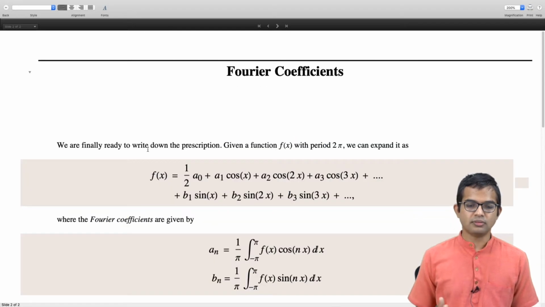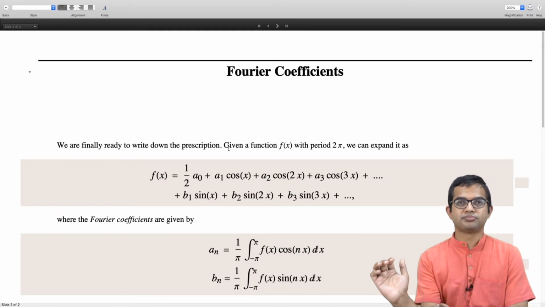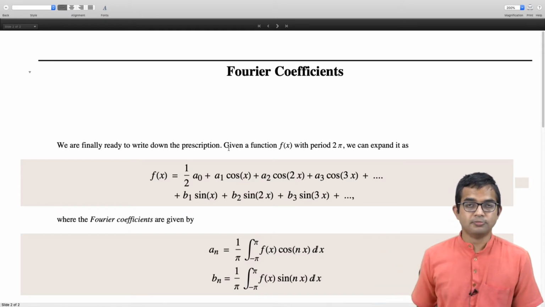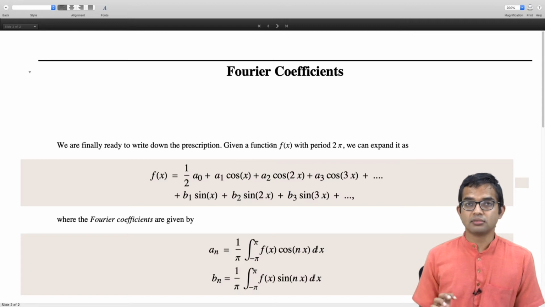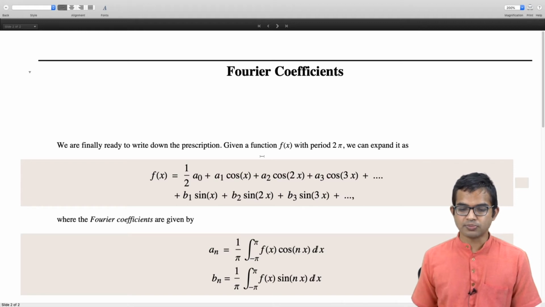Okay, so we are finally ready to write down the prescription. We have already written it down, but right now, forget about the abstract perspective which we have already brought in. If you think of this as a function with period 2 pi, we can expand it in this manner, where the coefficients are given by this.